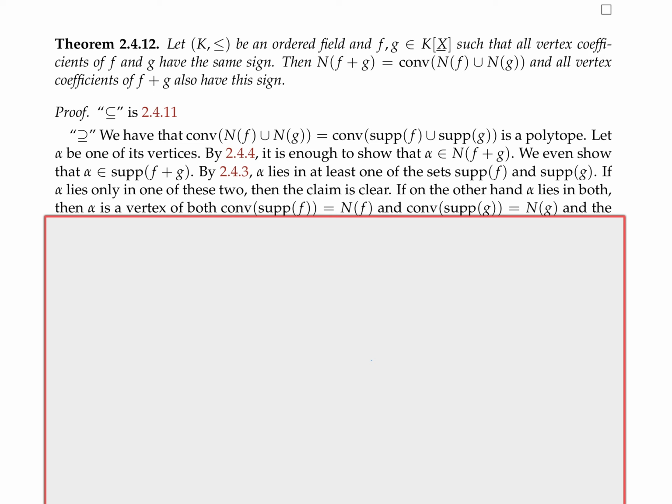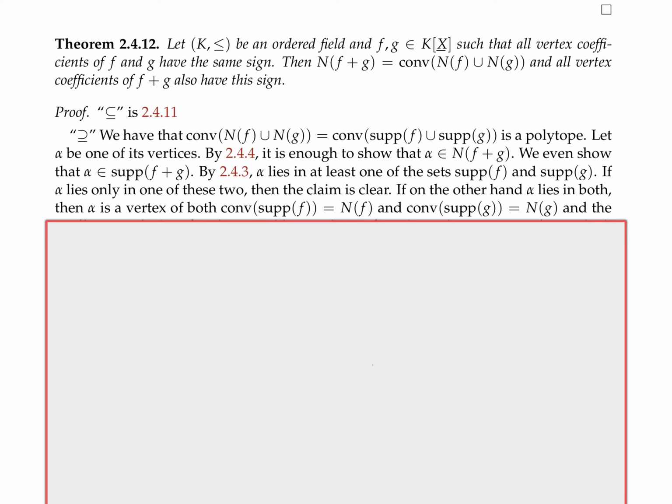So if alpha lies in both, then alpha is a vertex of both, a vertex of the Newton polytope of F and the Newton polytope of G. Because alpha was a vertex of the Newton polytope of F plus G, it's an extreme point of it, and it's contained in a convex subset, and therefore it's also an extreme point of this convex subset. Yeah, I think that's perhaps the easiest argument.